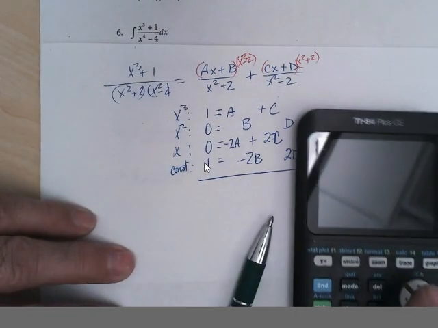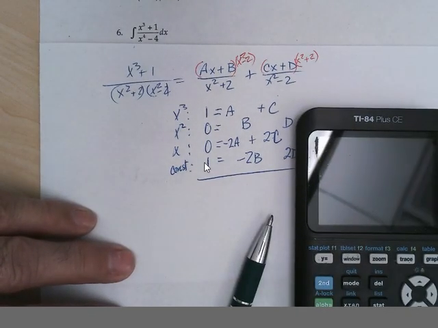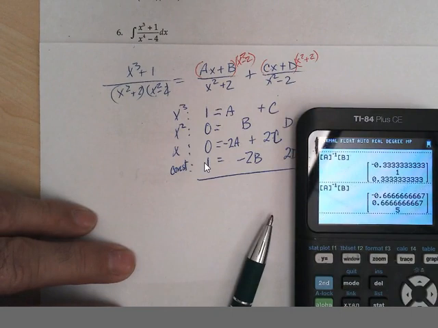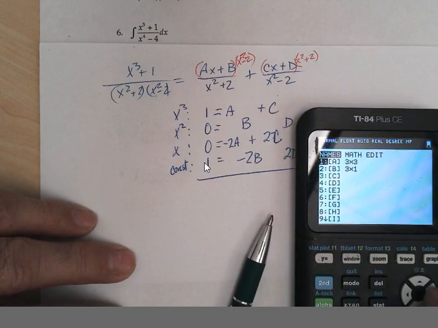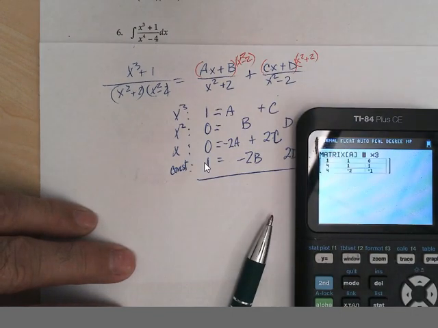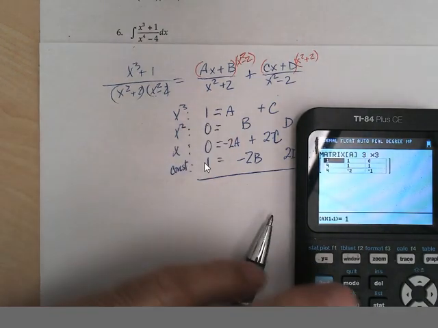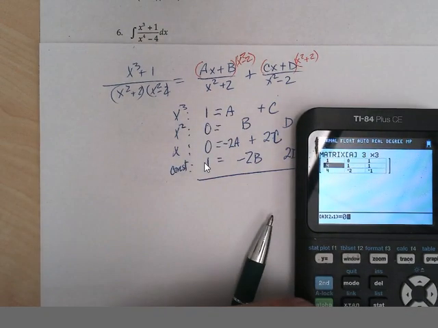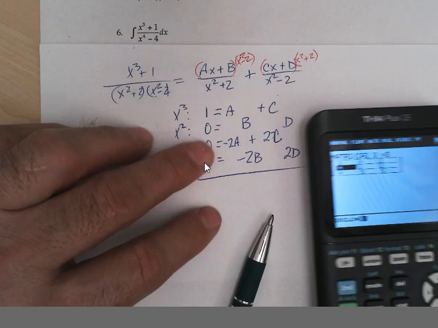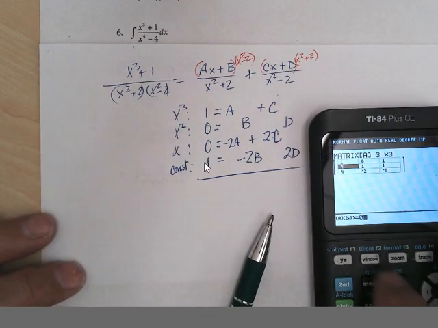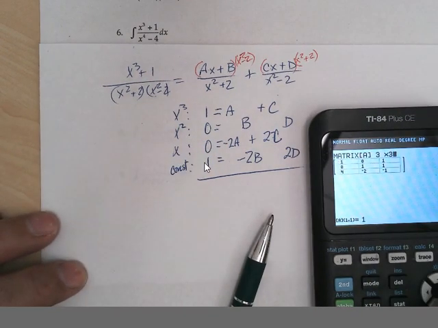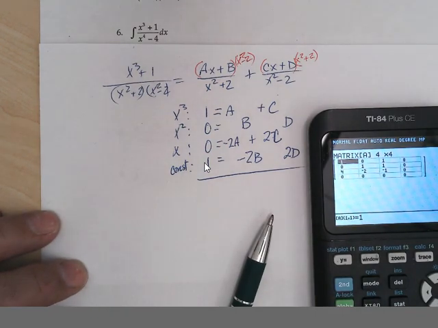So, calculator, second matrix, edit, A, 1, 0, 1, 0. Nope. It's a 4 by 4, sorry. Whoops. Move up here. 4, enter, and then we got 1, 0, 1, 0.